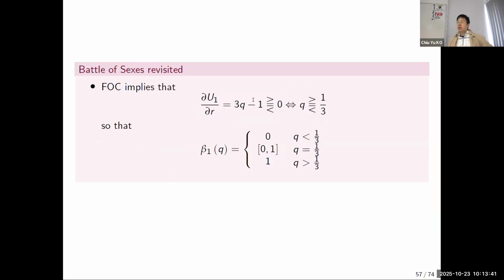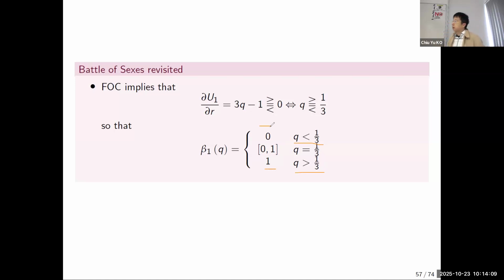And whether this is increasing, decreasing or 0 depends on Q, right? When Q is 1/3, then it's 0 and it doesn't matter what your R is. And when Q is more than 1/3, then it's positive, then you want to increase R as much as possible. That you choose 1, right? Because it's positive, then you go to the max. When Q is less than 1/3, then you want R to be as low as possible, then you get 0.